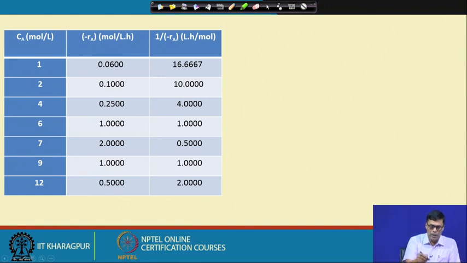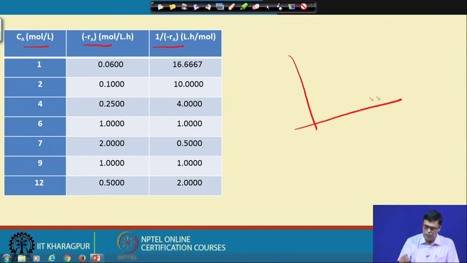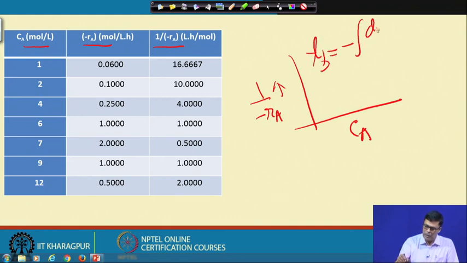In this problem, the CA values are given and the RA values are given, but we shall have to convert it to 1 by minus RA, because your plot is minus RA by CA. Why? Because t batch is equal to integral of dCA by minus RA.